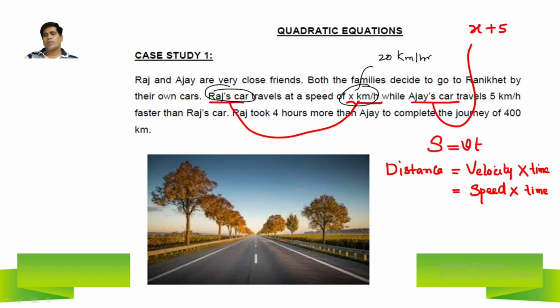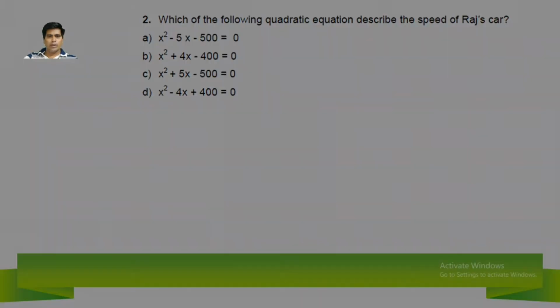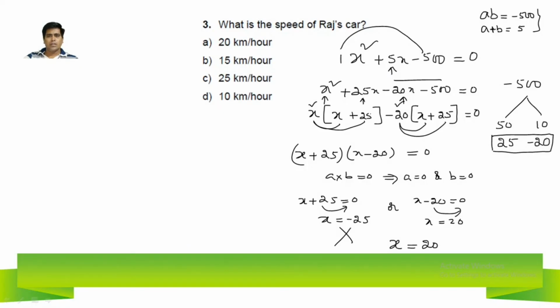Next, x plus 5, 20 plus 5, that is nothing but 25 kilometers per hour. So that is the speed of Ajay's car. So I got the speeds of both the persons. Let's see what the question is asking in the third one. What is the speed of Raj's car? It is 20. Clearly it is 20 kilometers per hour.